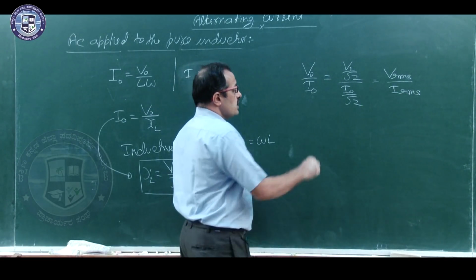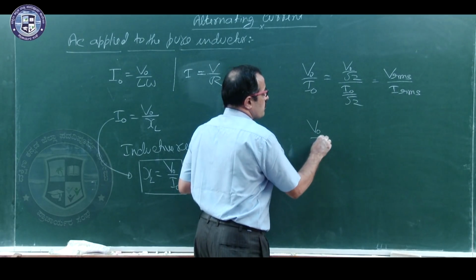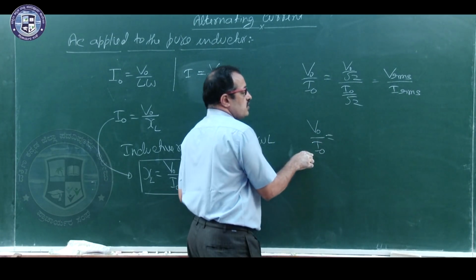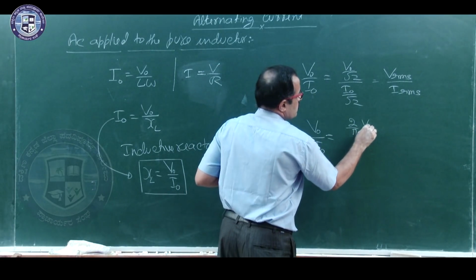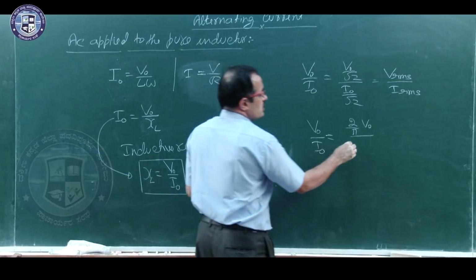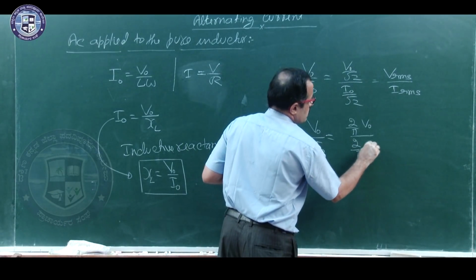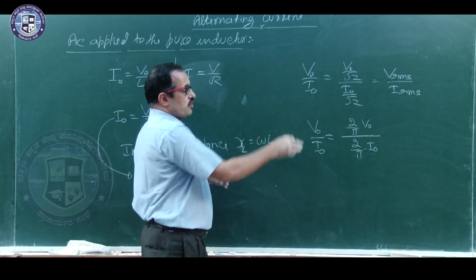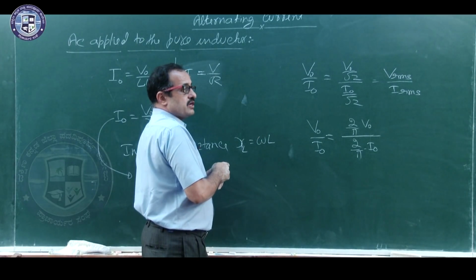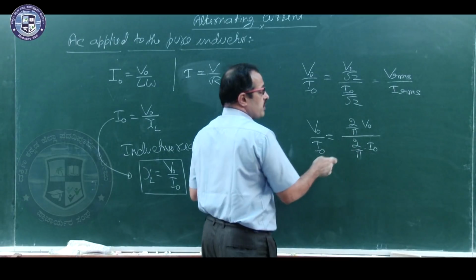This is one thing. Like that we will take one more equation. V naught by I naught. Here you multiply by 2 by pi in the numerator, and the denominator also 2 by pi into I naught. It is not making any difference. Both numerator and denominator are multiplied by 2 by pi.